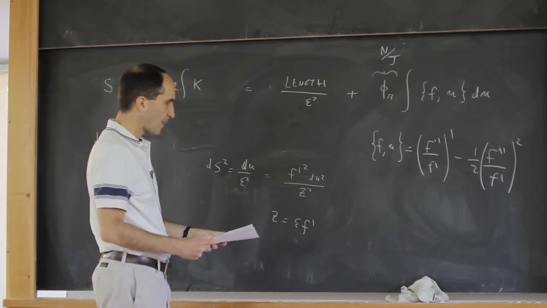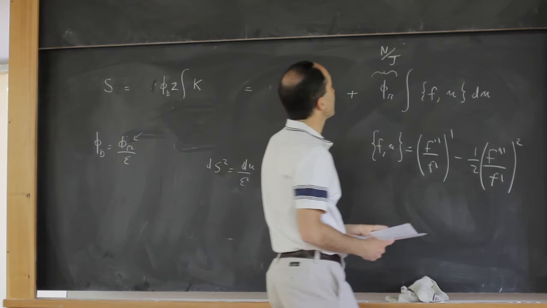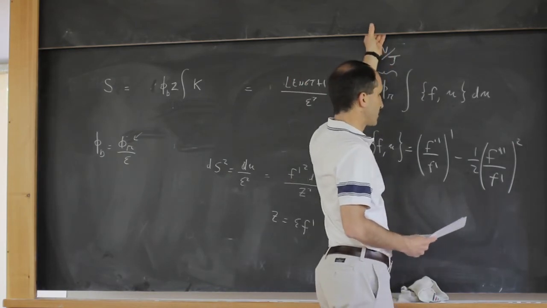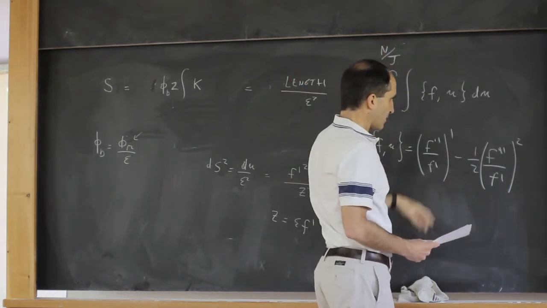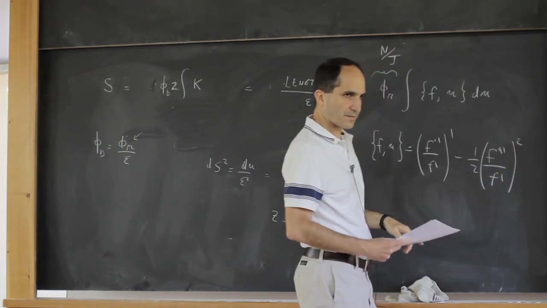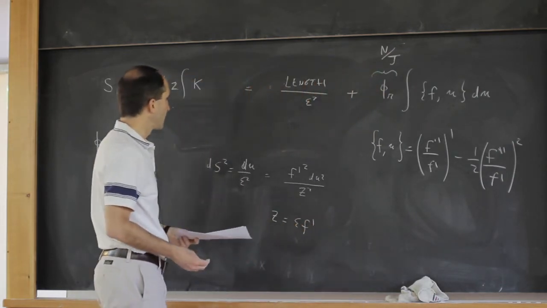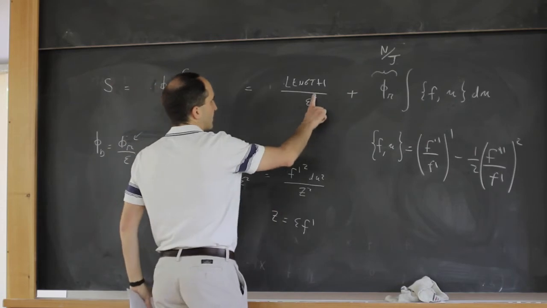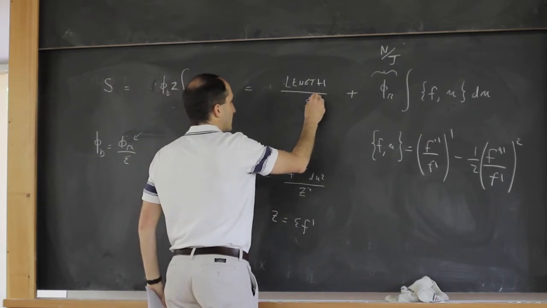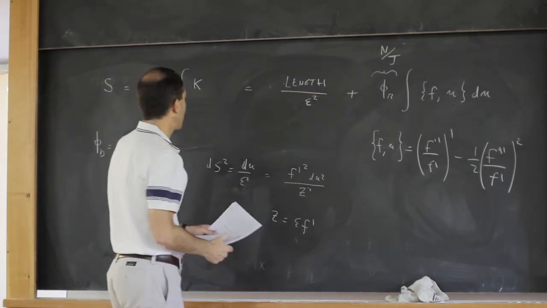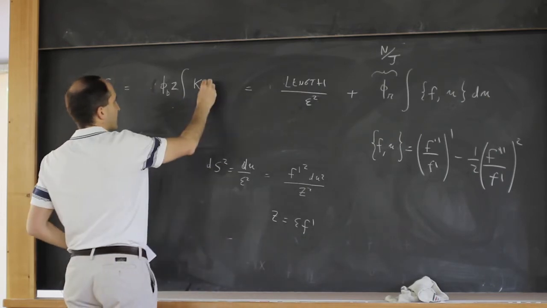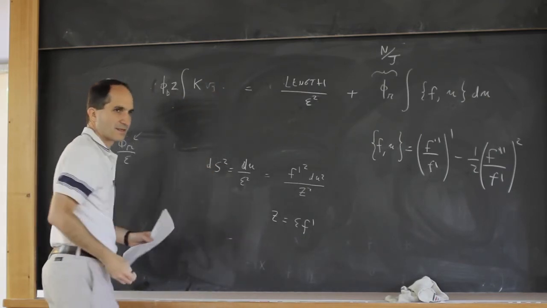Now, if someone writes for you the action, is the derivation term 1 over epsilon or 1 over epsilon squared? It is 1 over epsilon squared. There is a 1 over epsilon that comes from the length, right? There is an integral of the extrinsic curvature times the square root of g, and so on.